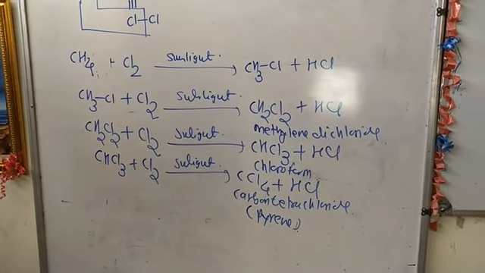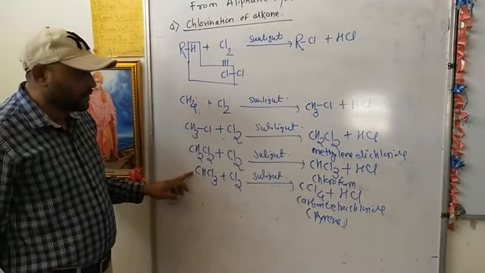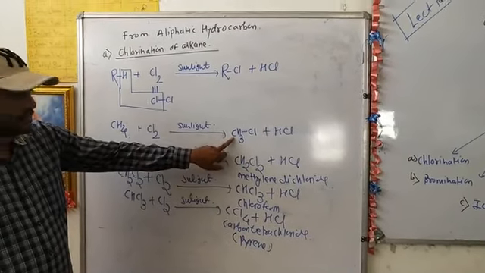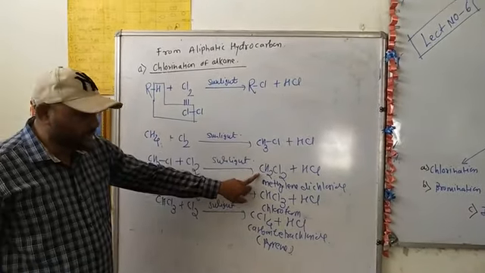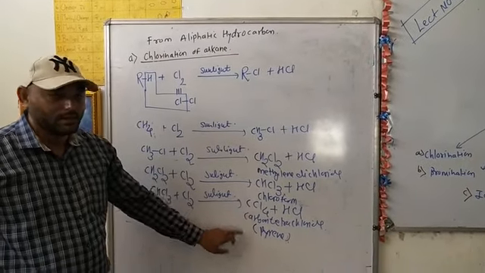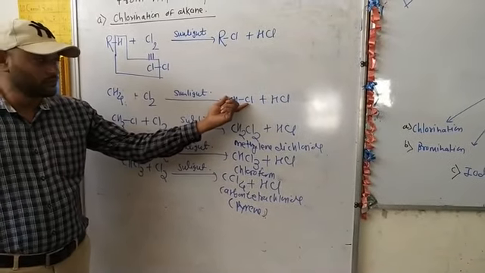So in this way, methane undergoes chlorination. In presence of sunlight, it gives a mixture of methyl chloride, methylene dichloride, chloroform, and carbon tetrachloride. Means the reaction can never be stopped at the monohalogen derivative.